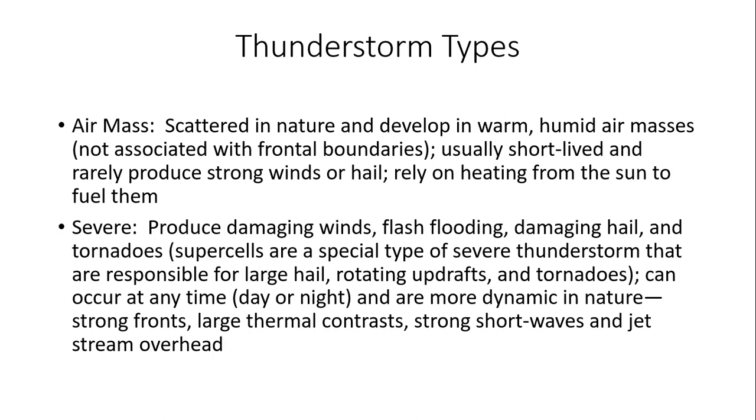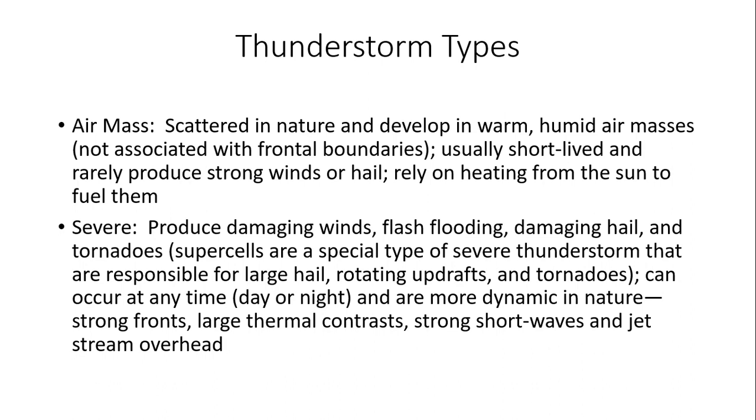Again, they rarely produce severe weather as far as strong winds or hail, or they very rarely produce tornadoes. It's just the way the atmosphere is redistributing heat in the vertical. A very hot surface area, cooler air aloft, and the vertical air currents, those convective currents, are established.